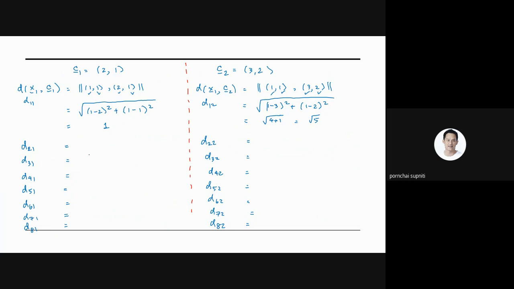I got both 1. Yeah, that's right. It's 1 and 1. Thank you. 0 and square root 2. How about D5,1? Square root 2 and 0.